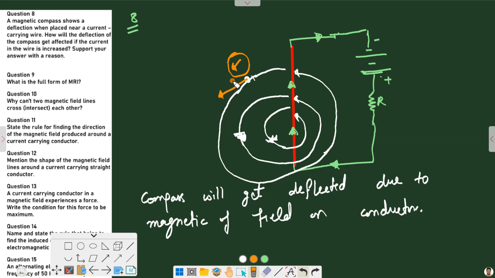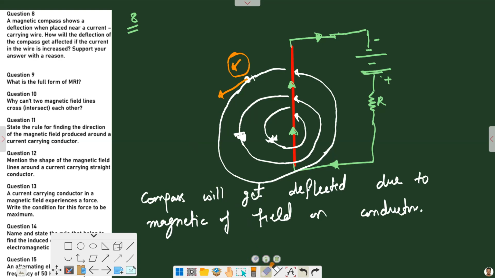So in the starting, the compass will start aligning slowly, and as we increase current, the compass will fully align with this applied field, and after some value, the alignment will be proper and there will be no further change in the direction of the compass. So with this, question number 8 is complete.